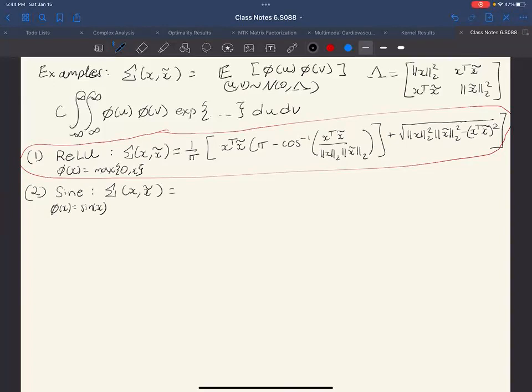Okay. So this one also looks a little scary, but is not so bad. This one is just exponential of norm x squared plus norm x tilde squared plus x transpose x tilde, and then minus a similar quantity.